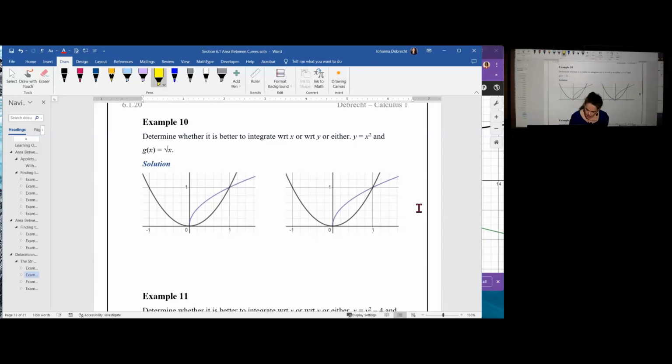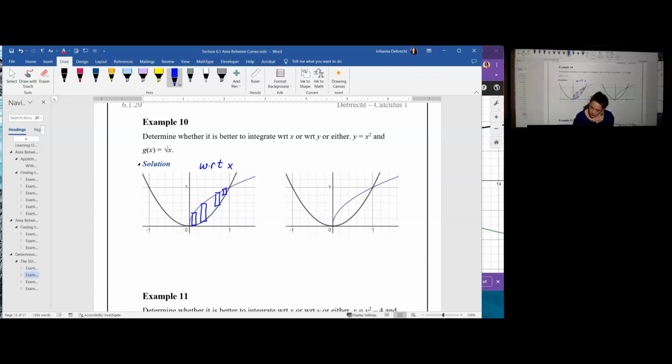If I want to draw my rectangles with respect to x, then I draw them vertically from top to bottom, moving from the left to the right. Notice that the square root is always on top and the parabola is always on bottom. It's simple to solve these equations for y in terms of x.